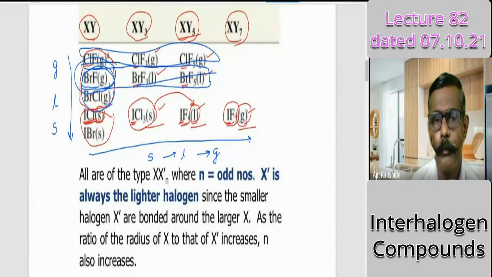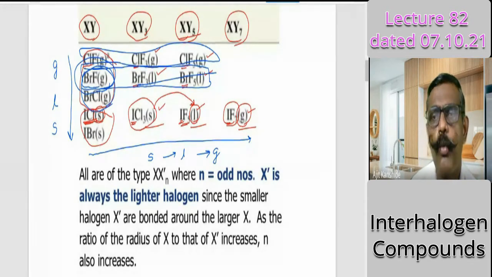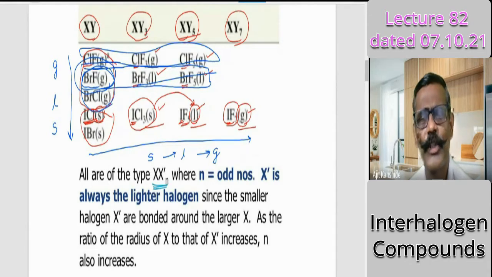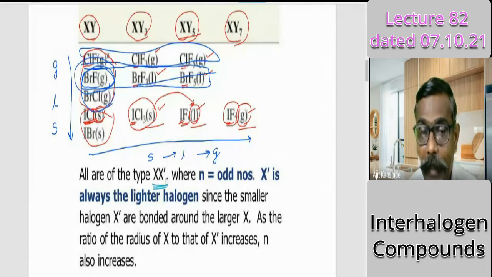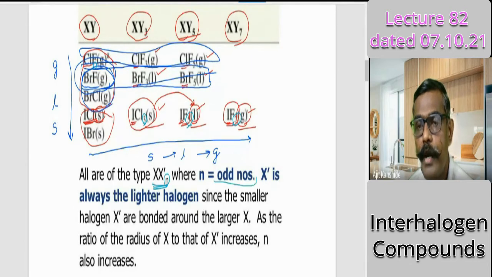Now all these compounds are of the type X'Yn, meaning here you can consider XYn, but instead of X, it is X dash. And what is this n? This n can be 3, it can be 7, it can be 5. ClF means n is 1. That n is an odd number.